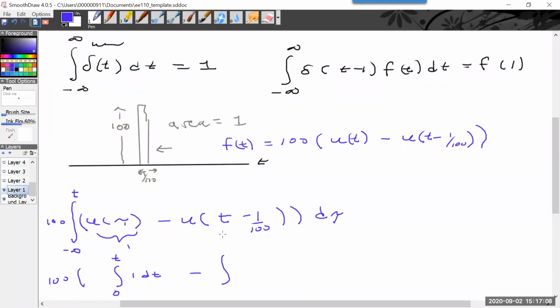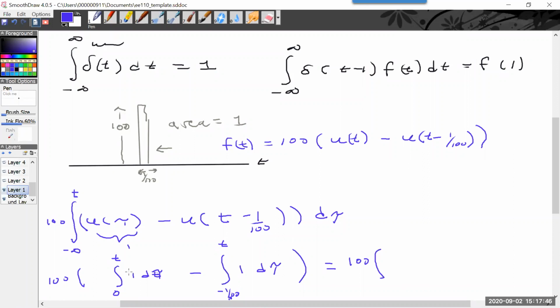Now integrating at 0 here doesn't do you much, right? Because it's delayed. So you actually change the limit to this delay. And now I don't have to worry about anything in here. It's just 1. All right. Well, now what I get, and now, yeah, when I integrate 1, I get tau.